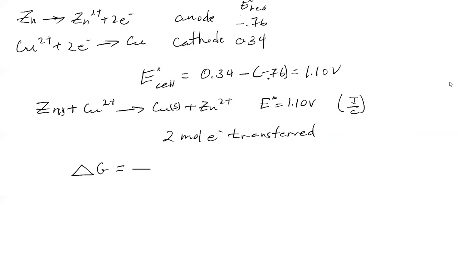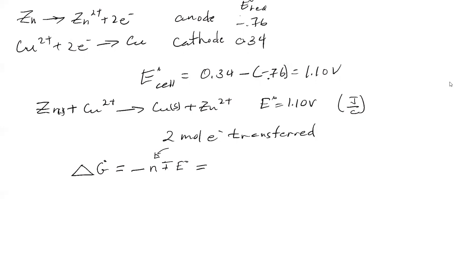So it turns out free energy is equal to, I have to change the sign, because if the cell potential is positive, the reaction is spontaneous. But we know that for a reaction to be spontaneous, the free energy has to be negative. So this is going to equal minus the number of moles transferred, in this case 2, times the number of coulombs on 1 mole of electrons times the E0.